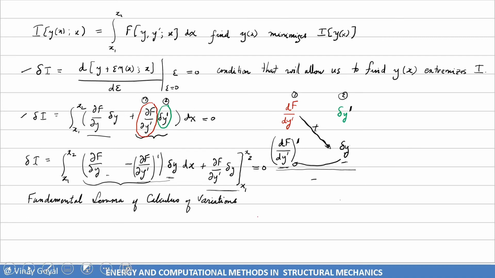By the fundamental lemma of calculus of variations, which states that if I have this situation, integral from x1 to x2 of phi of x times gamma of x dx is equal to 0, where phi is a continuous function of x and gamma is an arbitrary function, then the fundamental lemma says that phi of x has to be 0.